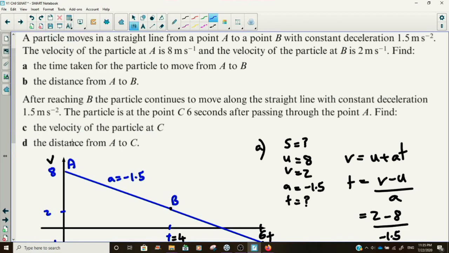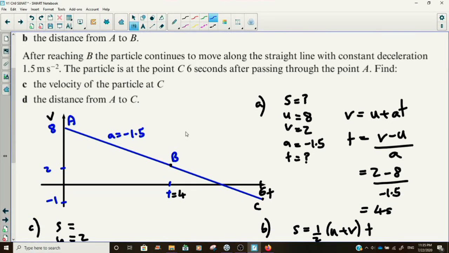So part D, find the distance from A to C. Okay, now this is a little bit tricky, but it makes it easier that the deceleration is the same all the way through the question, because we can just do this with one formula.